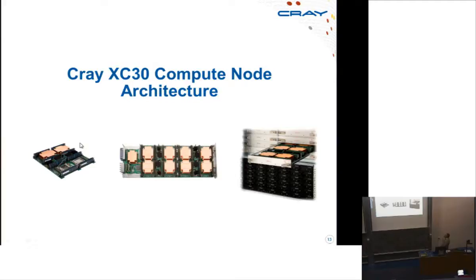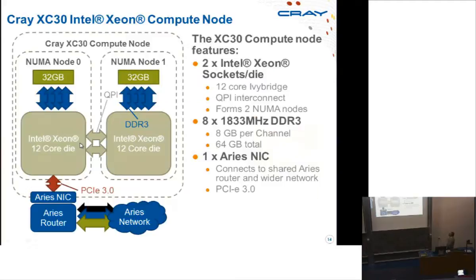So what actually makes up a compute node? Fundamentally, a compute node is two sockets of Intel Xeon processors with some discrete memory and then a connection to a network card. In this particular case, we'll be using the 12-core Ivy Bridge parts, which are connected using QPI, Quick Path Interconnect. And what this forms is two NUMA nodes. So those of you familiar from HECToR might be aware there were 4.